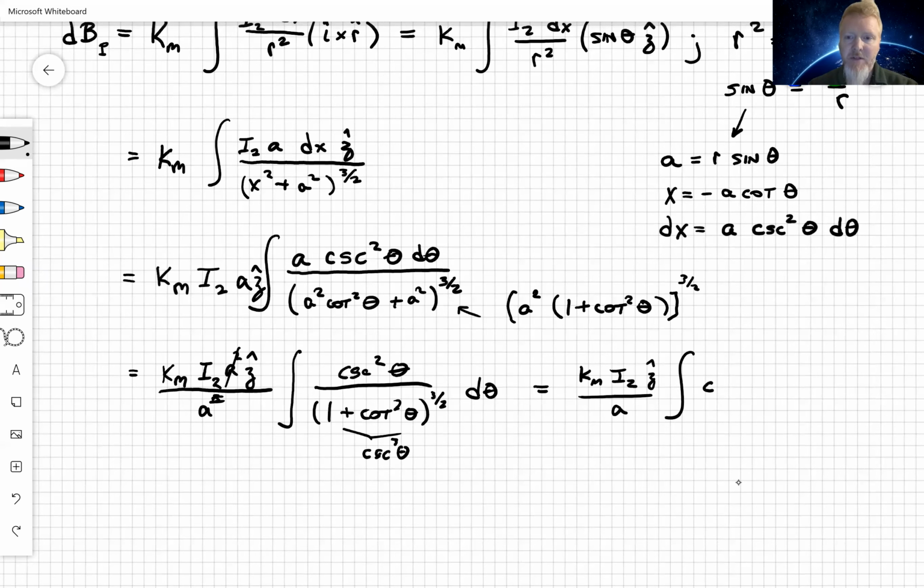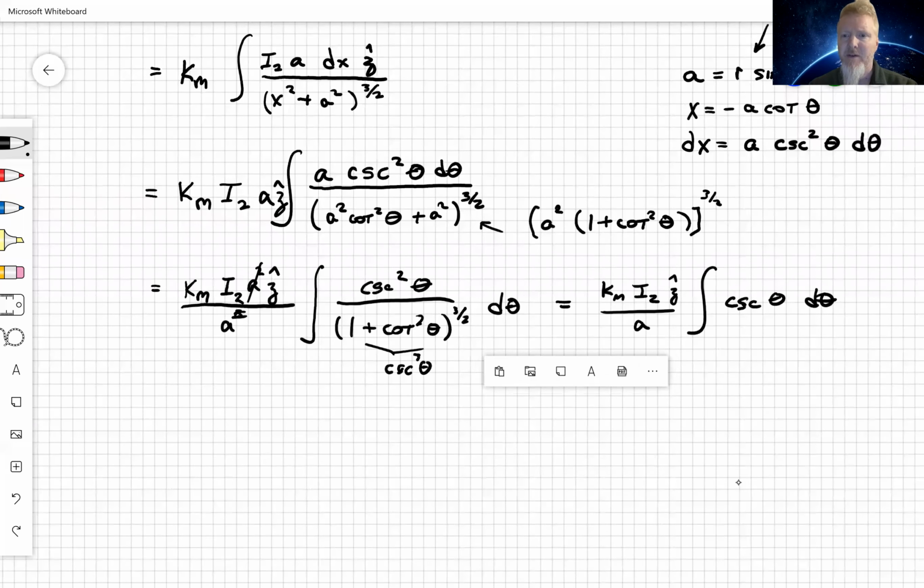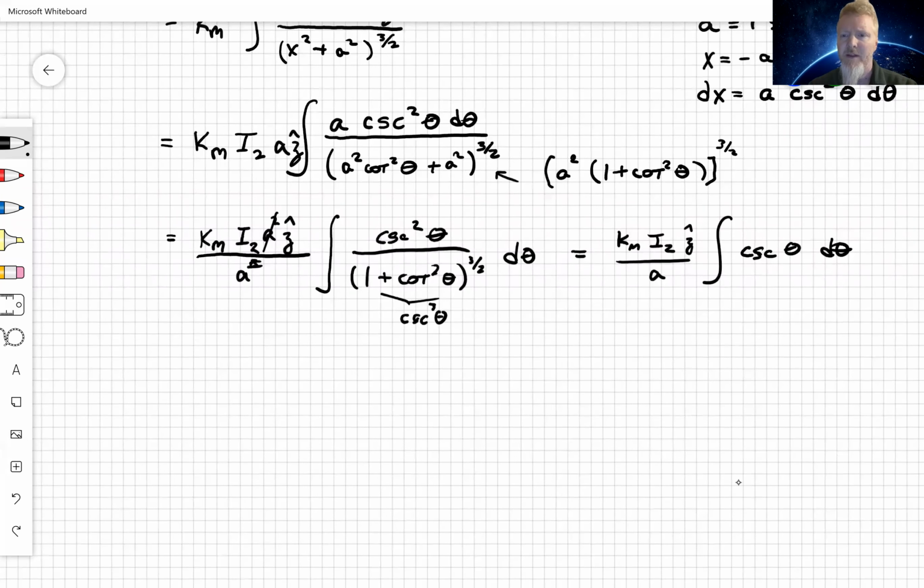And it's now just the integral of the cosecant theta d theta. Isn't that integrating 1 over the sine, cosecant? Oops, I got that wrong, didn't I? This is 1 over the cosecant because it's cubed on the bottom. Now that's just integrating the sine. That's even better.